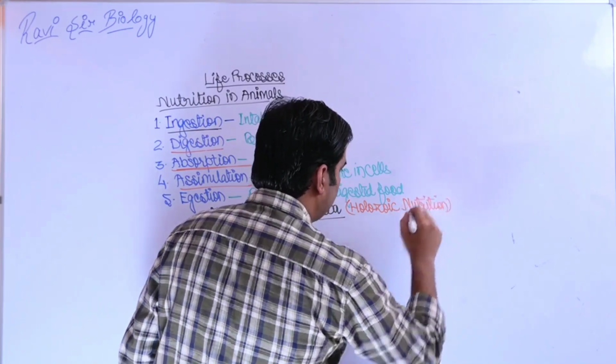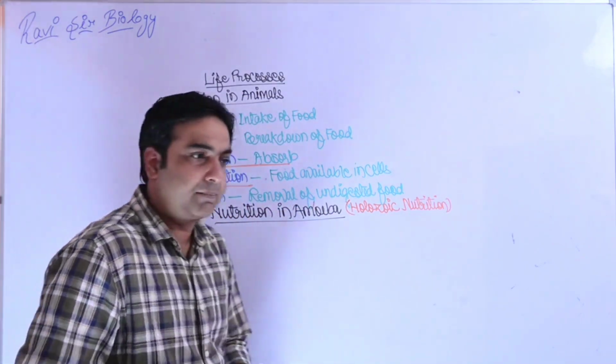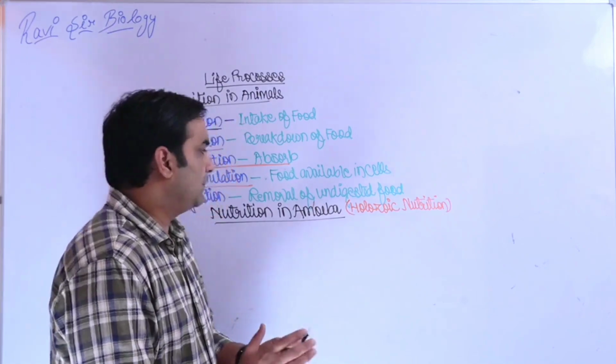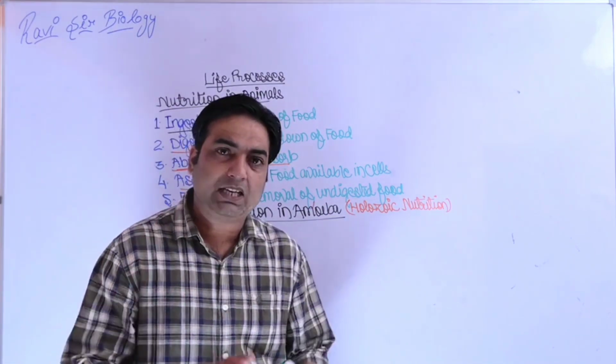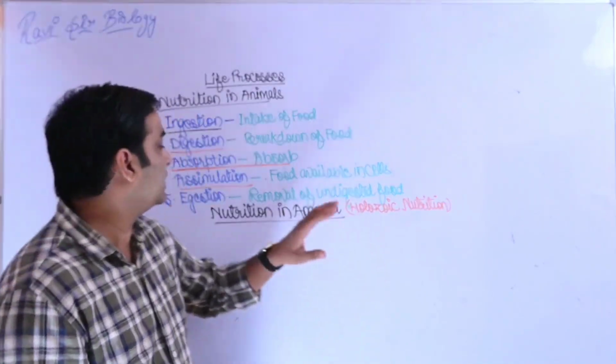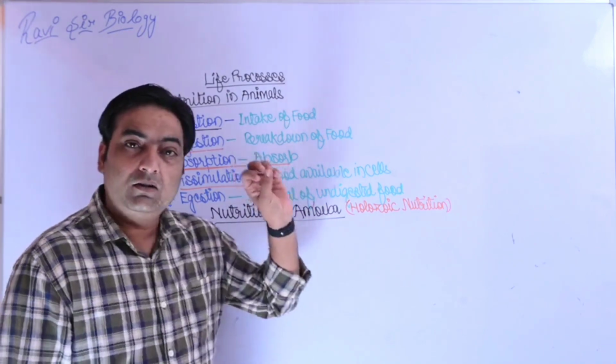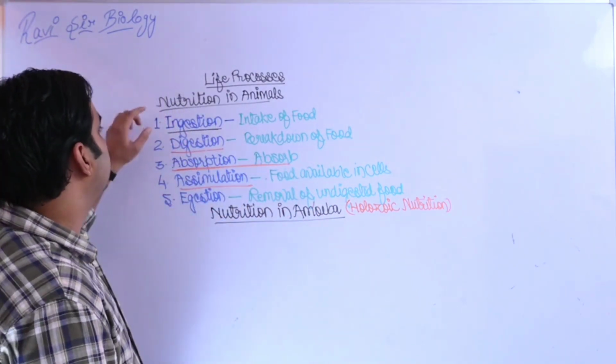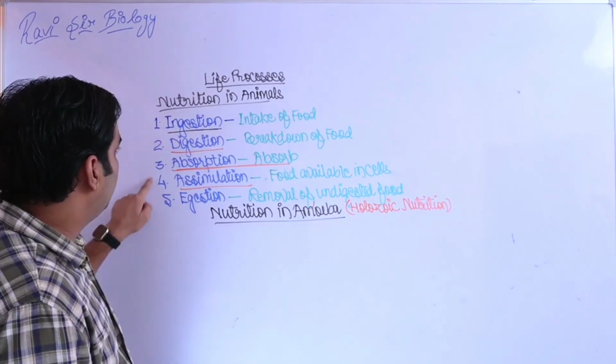This is the variety of heterotrophic nutrition. How do they perform nutrition in amoeba? Let me clear once again, as I told you in the very beginning, that amoeba as well as complex animals like human beings, dogs, cats, rats, all go through these 5 steps.